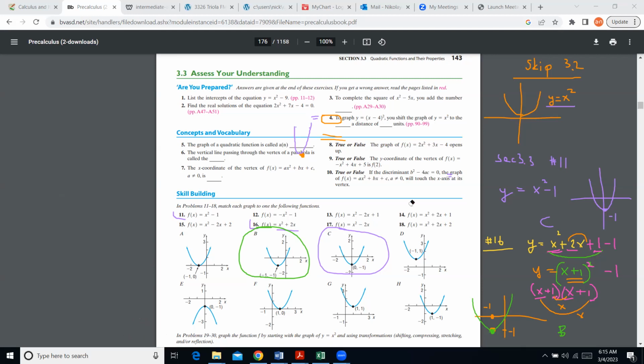So let me try another exercise. How about problem number 15 here? Exercise number 15 again gives me the equation that I have to basically graph, or they say match with the pictures down below.